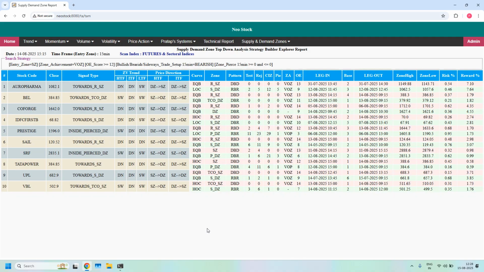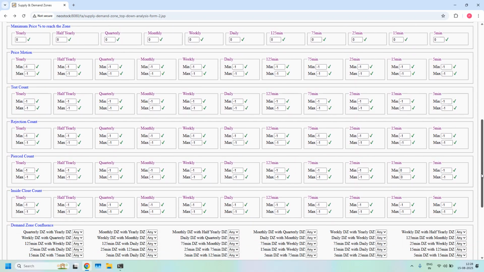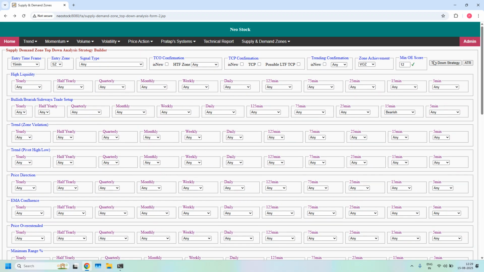that we will identify based on the different zone confluence and EMA confluence strategies you learned in lesson 27. The first filter is LTF and ITF supply zone confluence, that is 15 minutes and 75 minutes supply zone confluence. Let us apply this filter on the stocks.